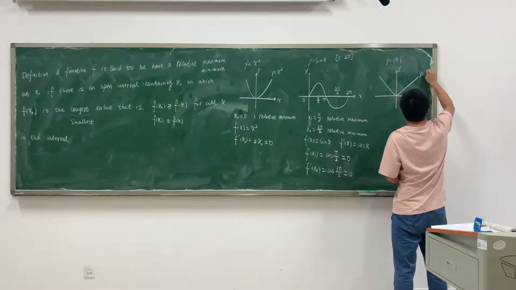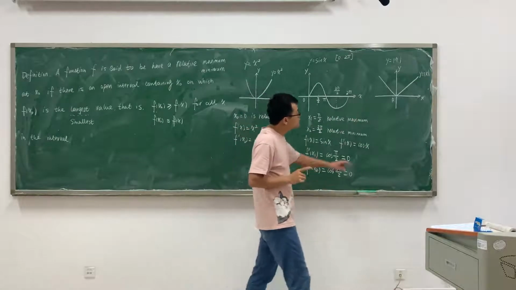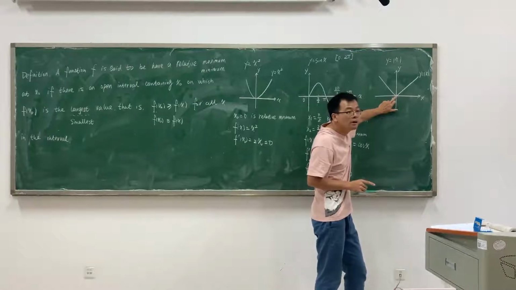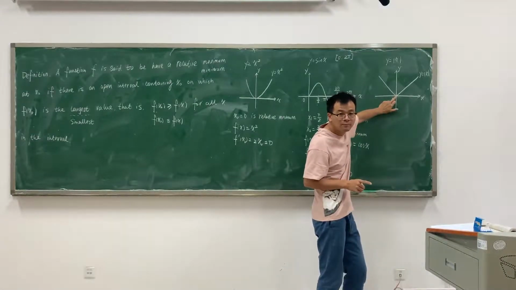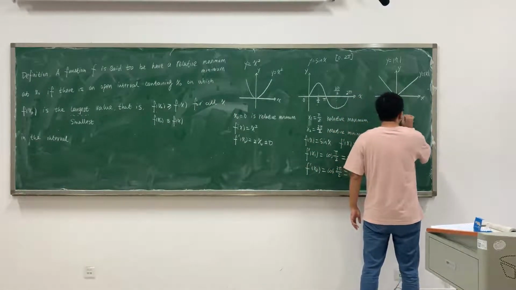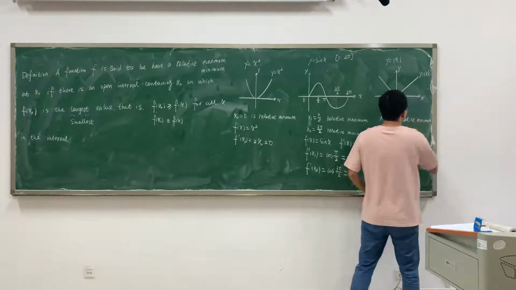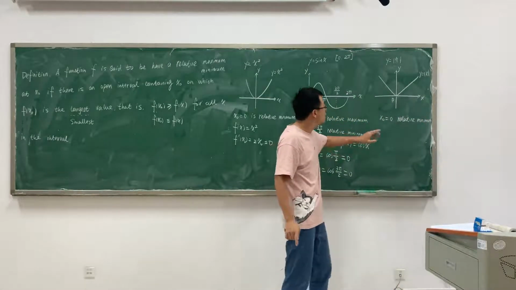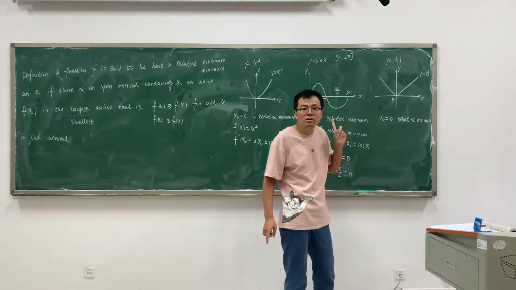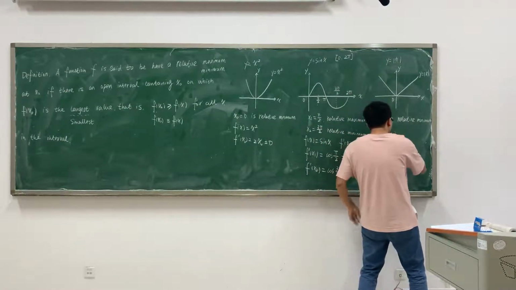So here is y equal to the absolute value of x. For this graph, this point 0, is it the relative maximum or minimum? Minimum. So x0 equal to 0 actually is the relative minimum. But the derivative at this point is not the same, okay?